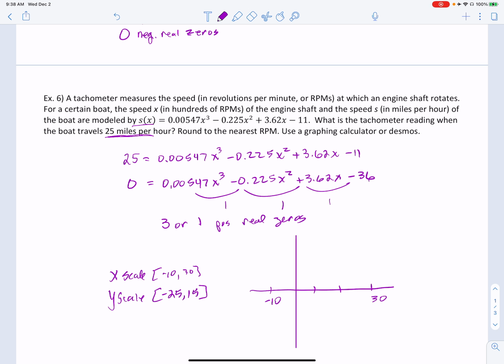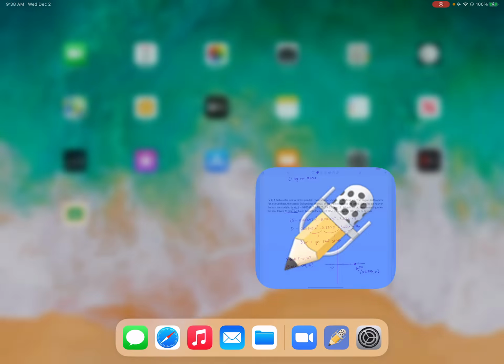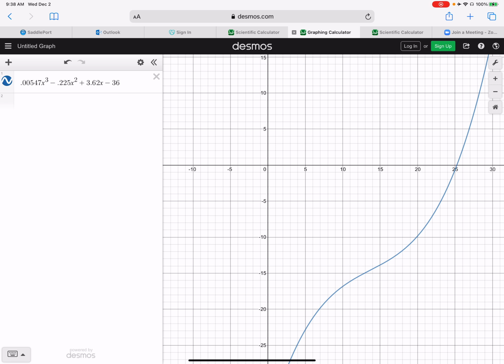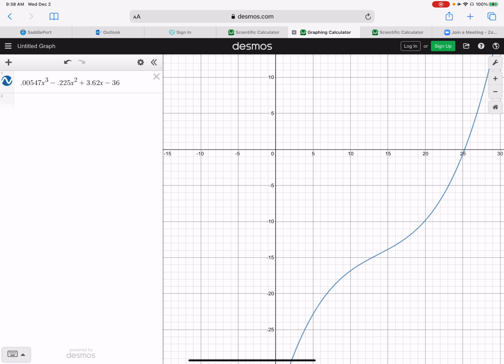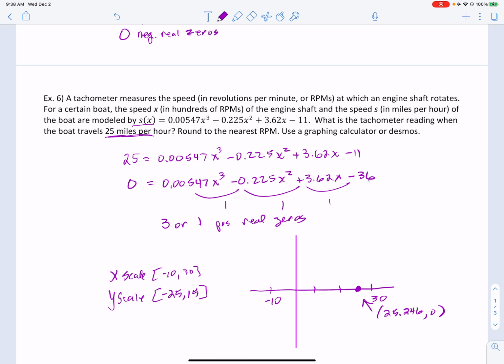And that answer was like 25.246. So it's about right here in terms of that 0. Approximately. And I go back and try to look at what that graph looked like again. Kind of came up like this and then sketched through and kept on going. So, and then this is around negative 25, and this is up around 15. So we'll just do it just like that.